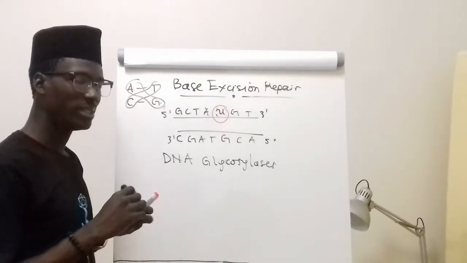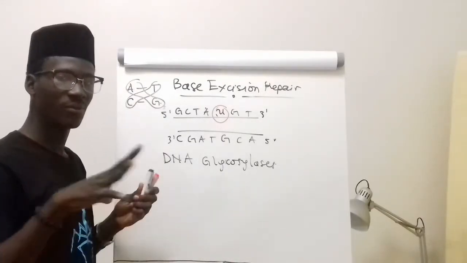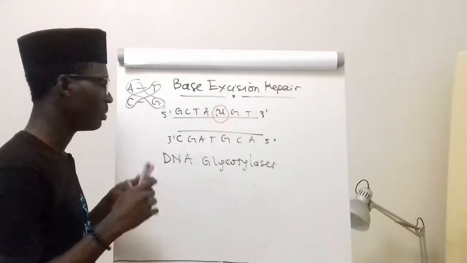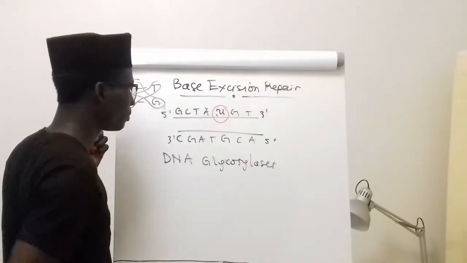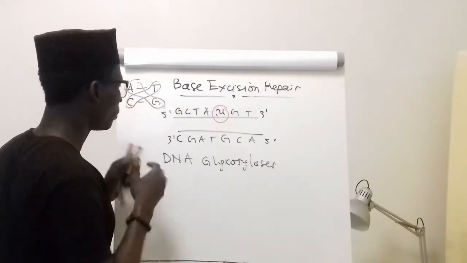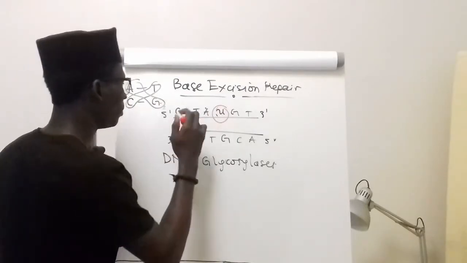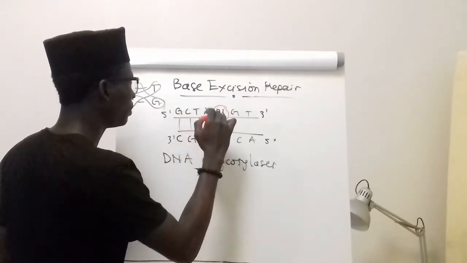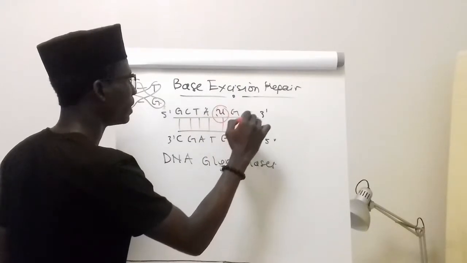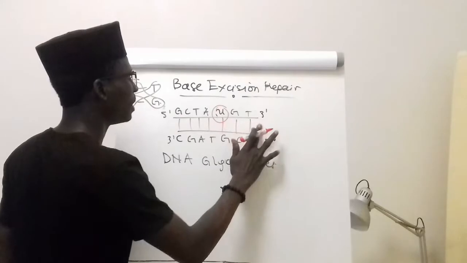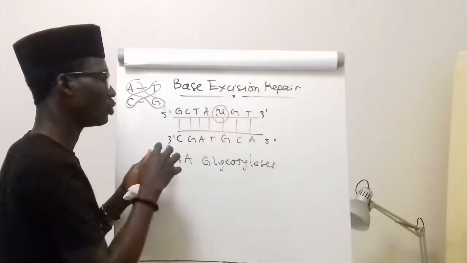For the different nucleotides and for the different situations that may occur, there are different enzymes leading to this repair. In this situation, let's not forget that we have hydrogen bonds. The number of hydrogen bonds between guanine and cytosine is 3, and between adenine and thymine is 2, but I'm not going to show that here.